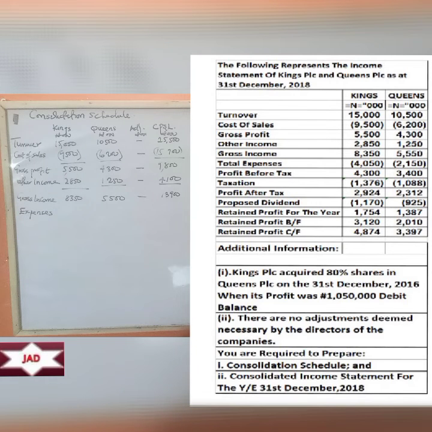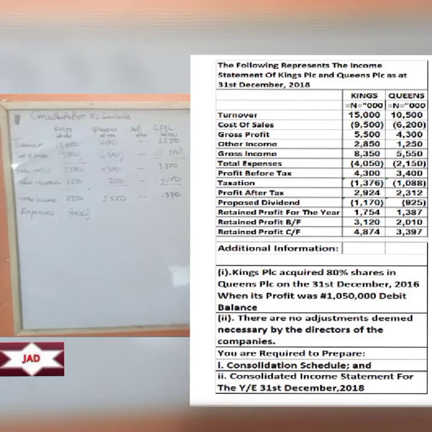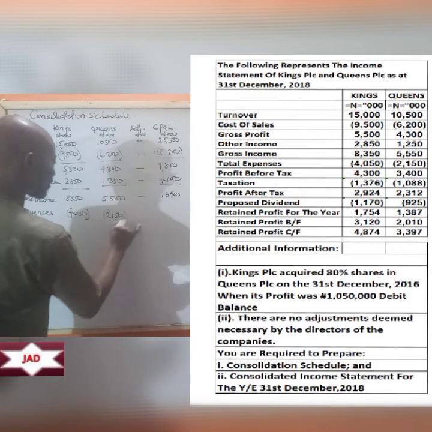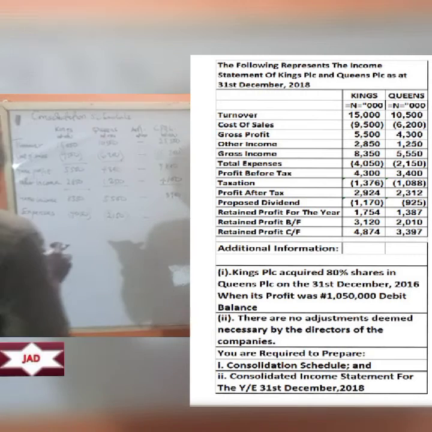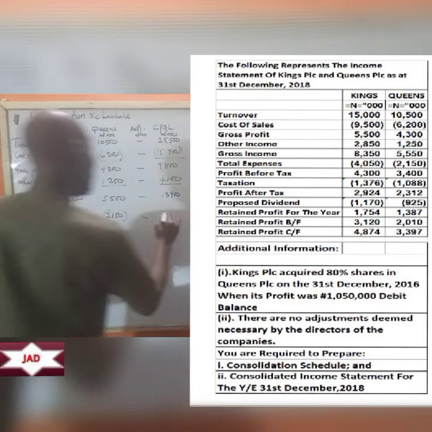Okay, so we have expenses. Now the expenses there, we have 4,050 and 2,150. So we have 4,050 plus 2,150. That's 6,200.